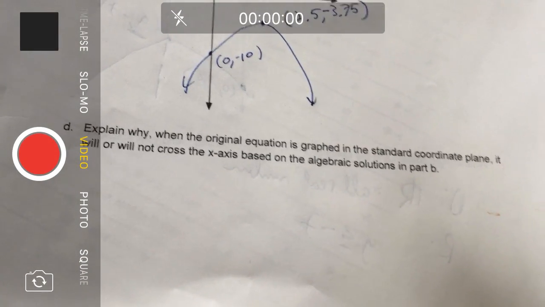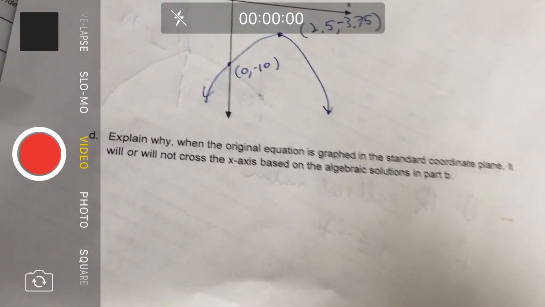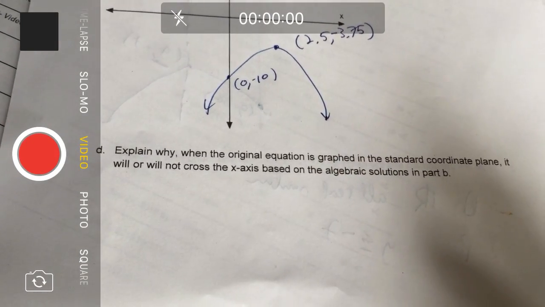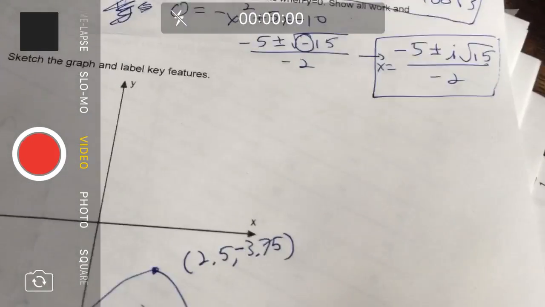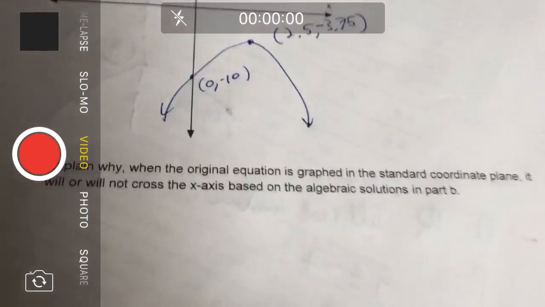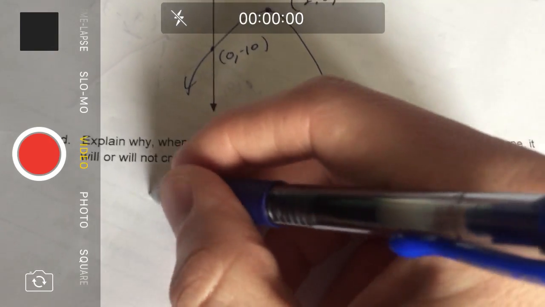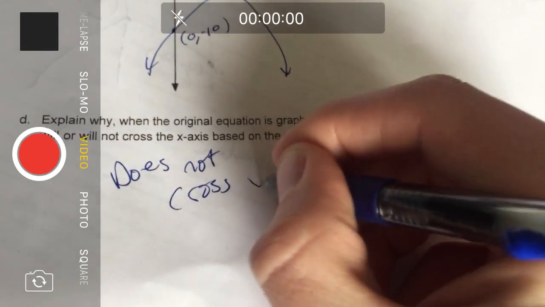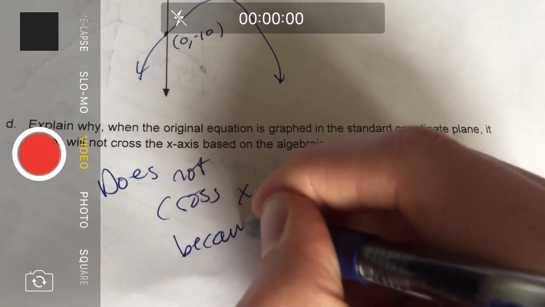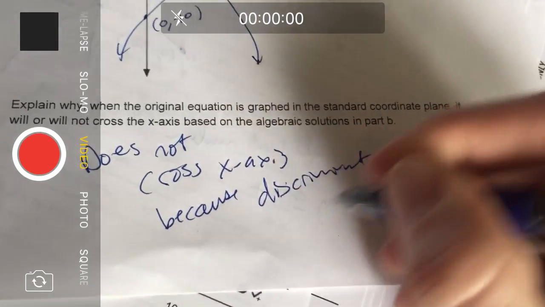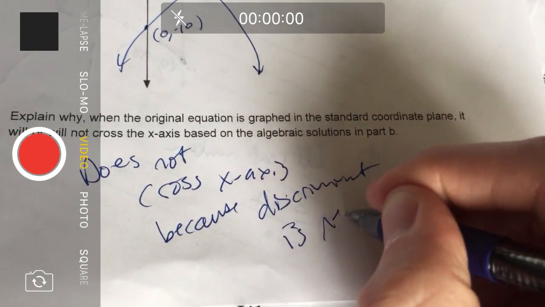Explain why, when the original equation is graphed in the standard coordinate plane, it will or will not cross the x-axis based on the algebraic solutions of part B. It's up here, actually I should say part A. Anyways, we say it does not cross the x-axis because the discriminant is negative.